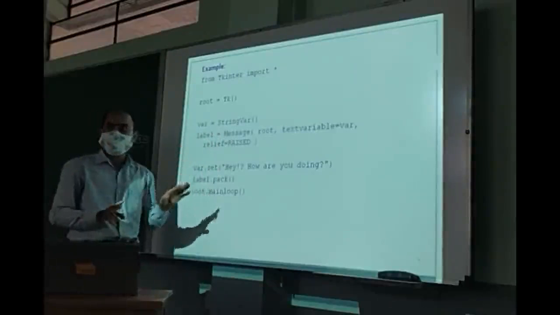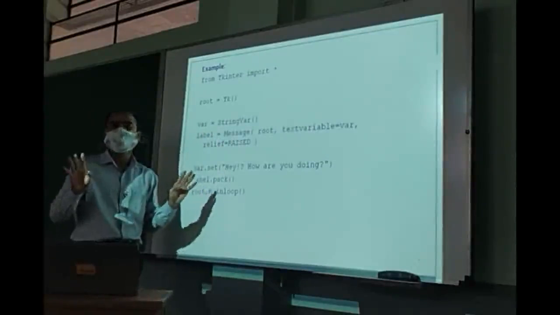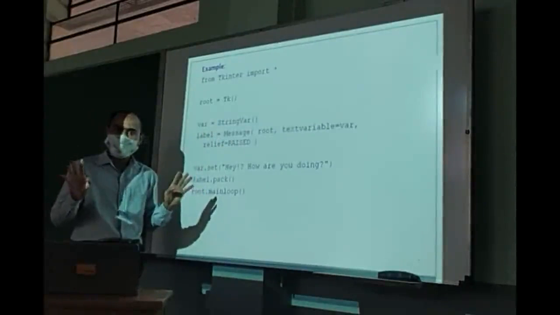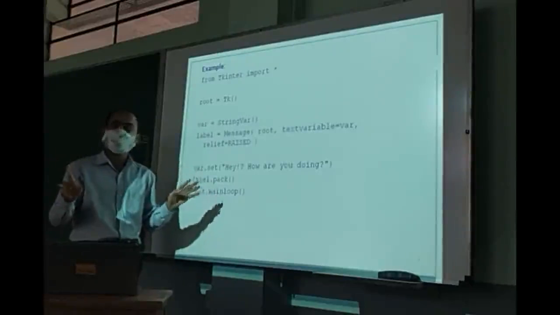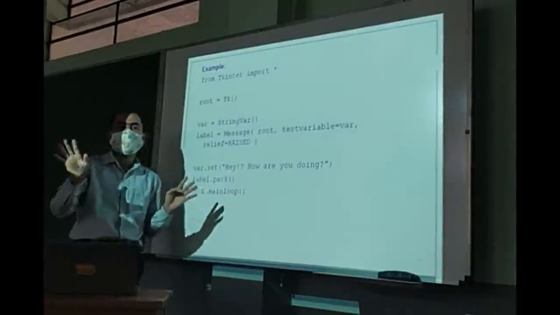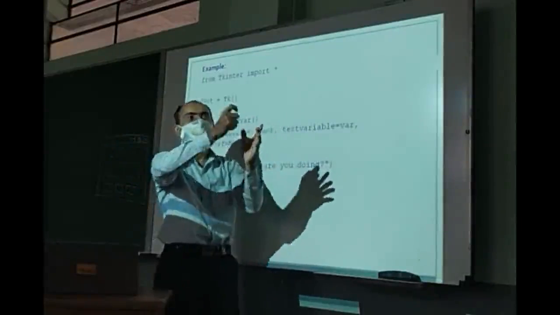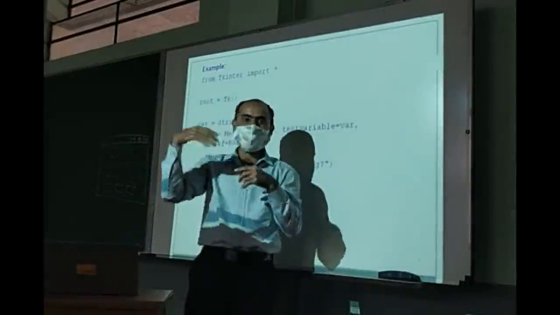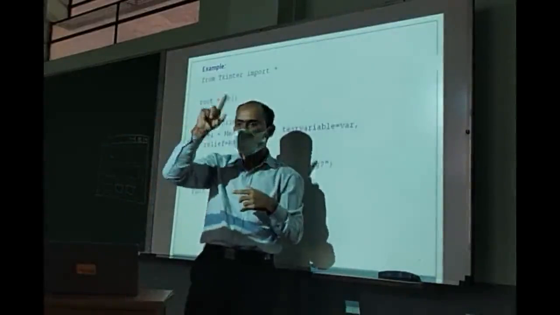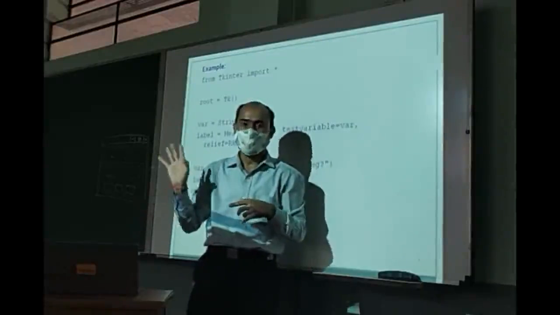Now, what is the difference between label and message box? Both work in a similar way. In case of a label, the content cannot be changed. Once the label is displayed, I cannot change the content at runtime by selecting it, and I cannot delete it using the keyboard.